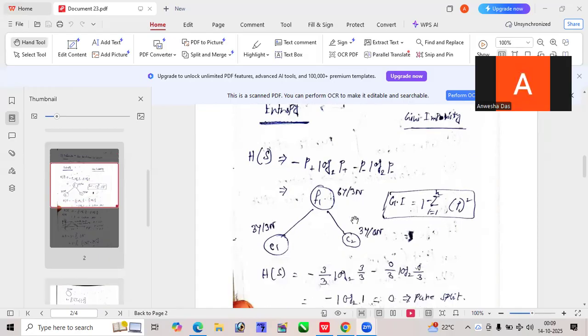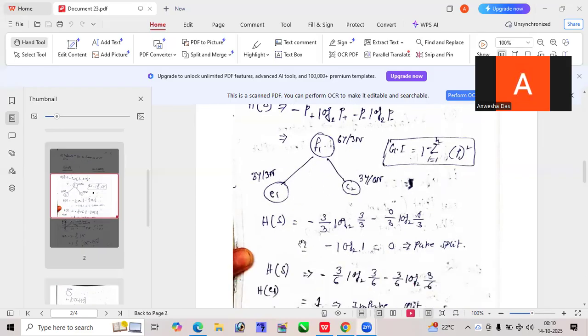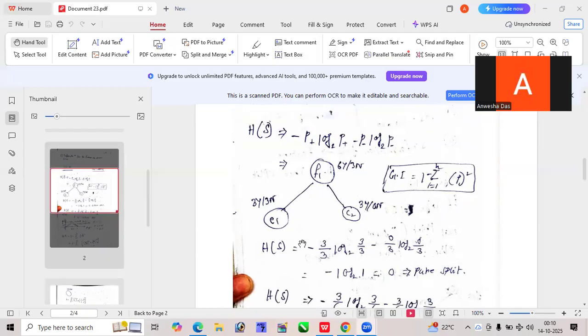Now again, this is F1, feature 1. There are 6 yes, 3 no. This is just another example. Here 3 yes, 3 no. Here 3 yes and 0 no. So now I'm trying to calculate the information gain.